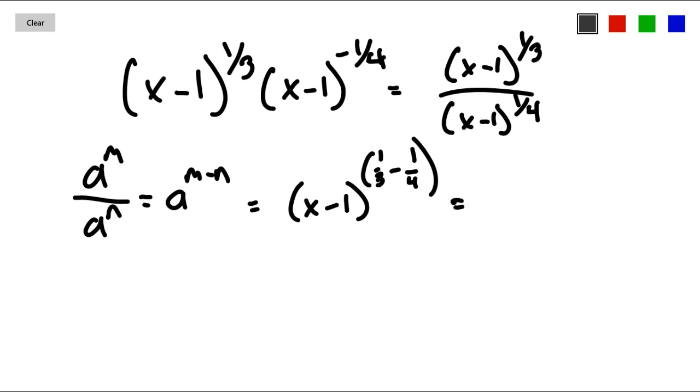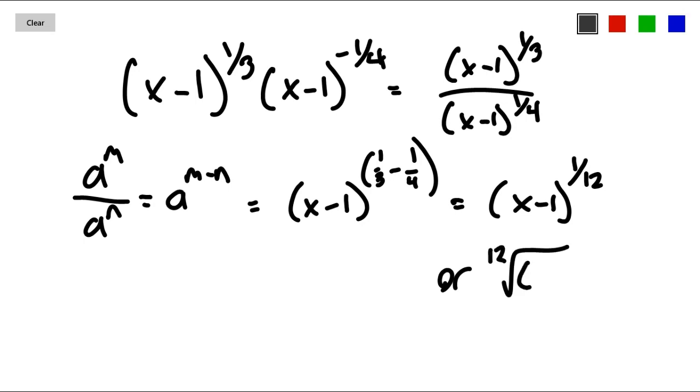And then this gives me x minus 1 raised to the 1/12 power. Or if you want to write this as a root, we have the 12th root of x minus 1. Both of these answers will work.